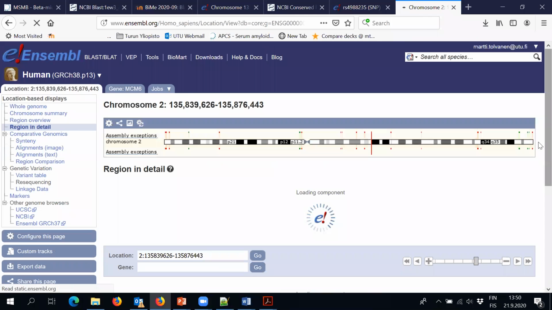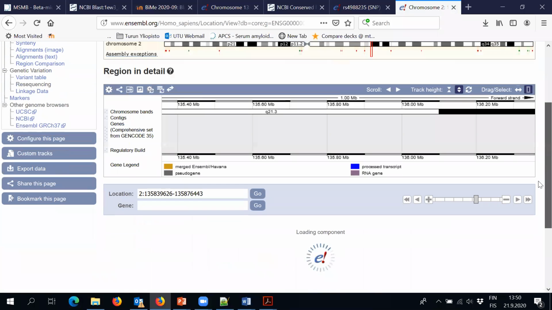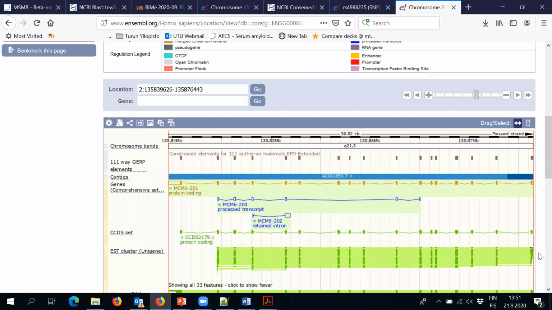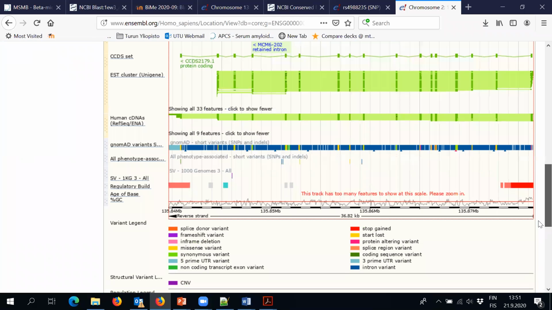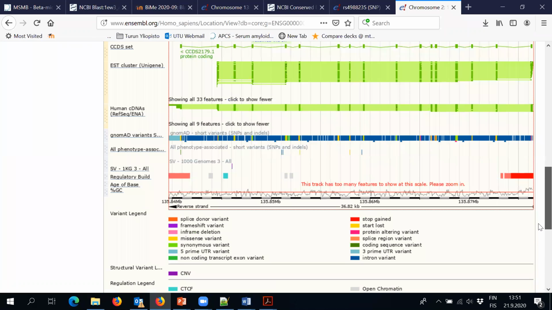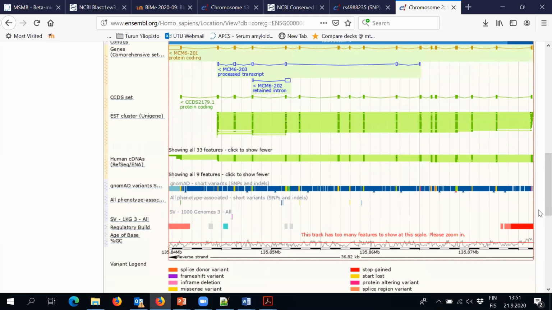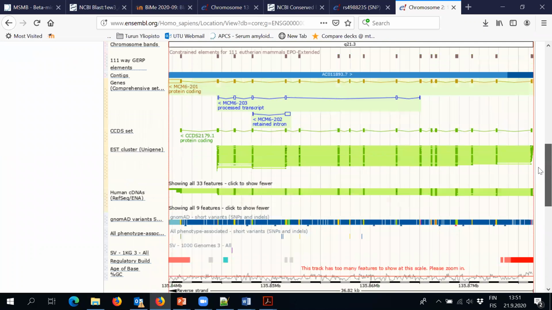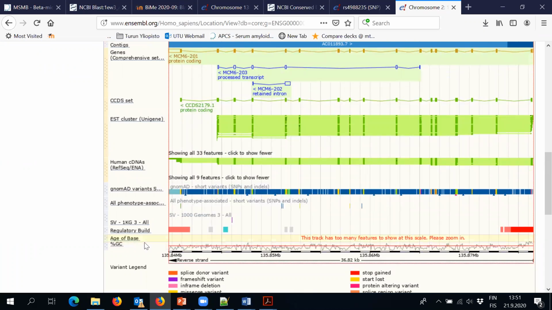If we look at the gene region, we have a very short summary of the variant data here at the bottom of the highest zoom factor square. We have all variants here, where almost every site has a possible variant.